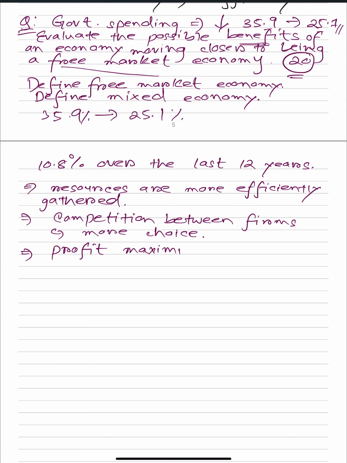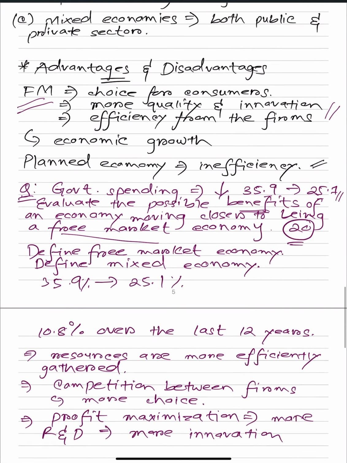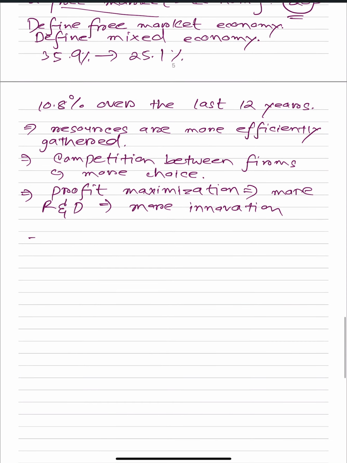Profit maximization by the firms will also mean more research and development, so more innovation, as we have already mentioned in our notes above. More competition between firms will also mean lower prices for customers.